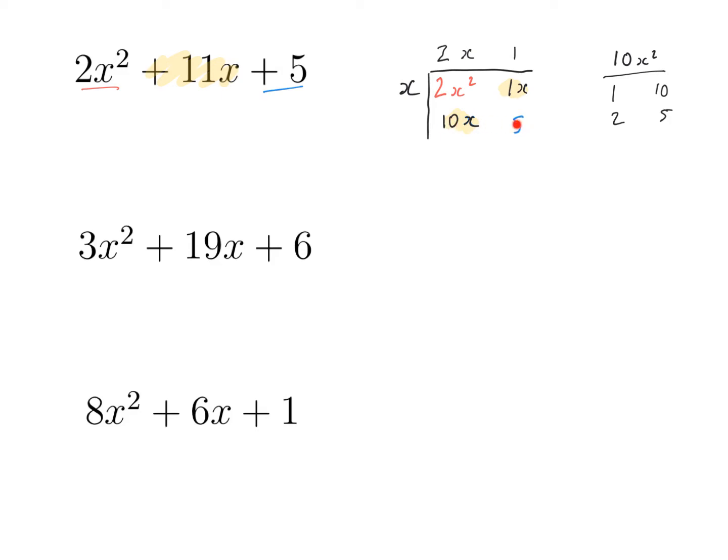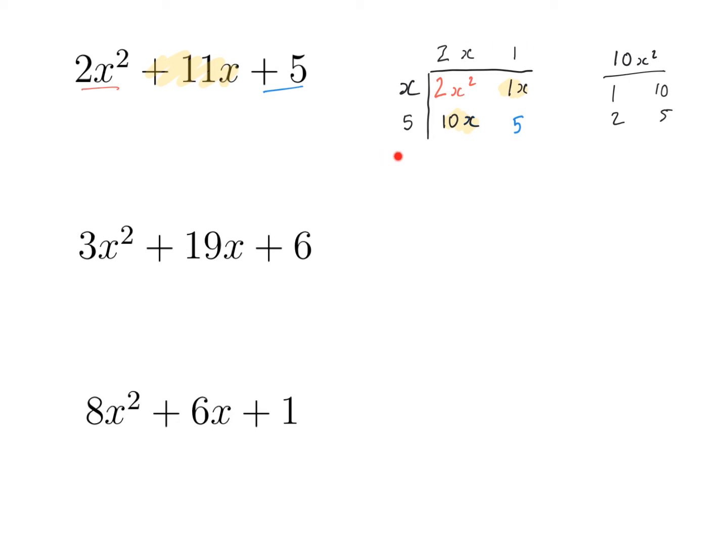Now, if I look along the bottom here, I can see both of these have a common factor of 5. And let's just check: 2x times the 5 will indeed give me this 10x. My final box, I've got a 5. 5 times my 1 gives me that 5.